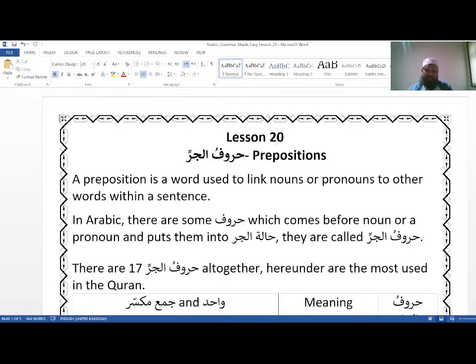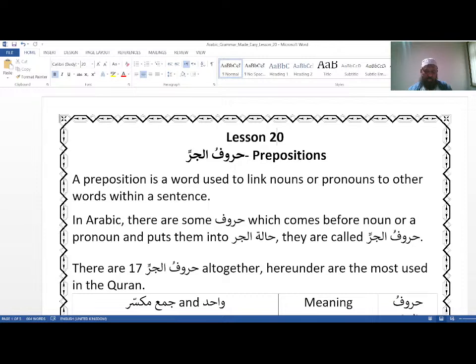In English, even words like under, over, besides all come under preposition. But in Arabic, the word under, tahta, does not come in huruful jar.